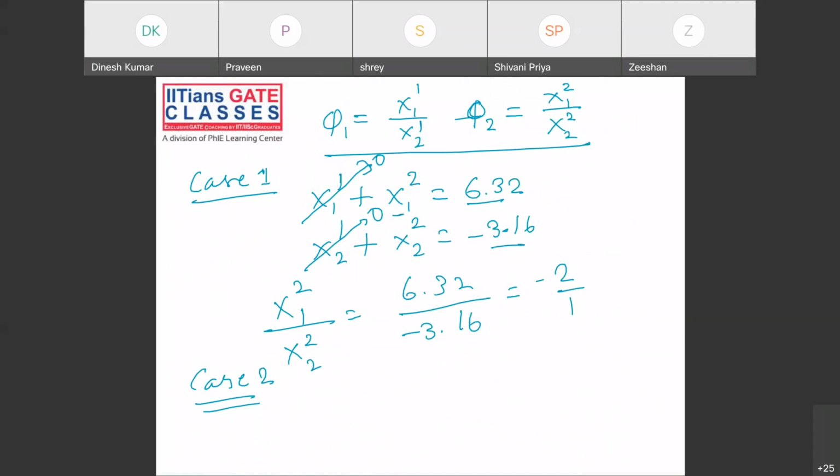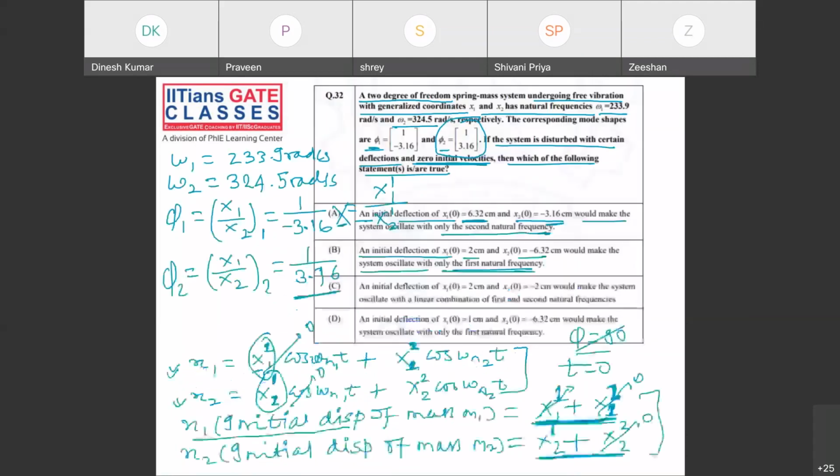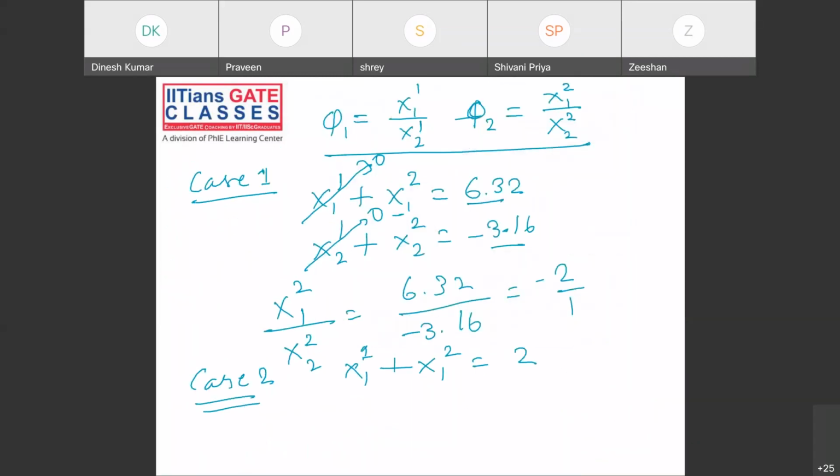So if you write equations, what you get? x1 1 plus x1 2, it is given as 2. And then x2 1 plus x2 2, it is given as initial displacement minus 6.32. Now the system vibrates only in first natural frequency, so this is 0, this is 0. Then only it can happen.